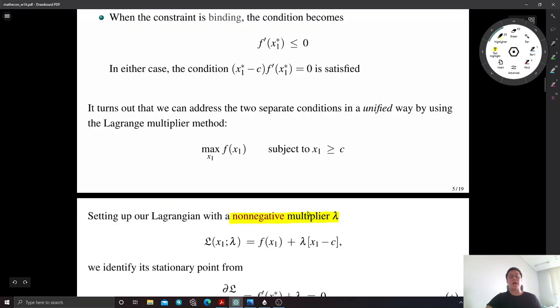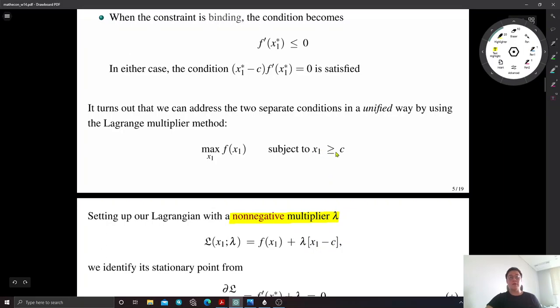Okay? So the sign of the multiplier is very important. Right? And the second, we set up the Lagrangian as before. So we put the objective function first, and then plus the Lagrangian multiplier, and then multiply by the constraint.